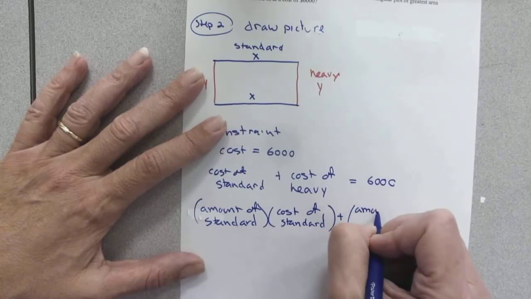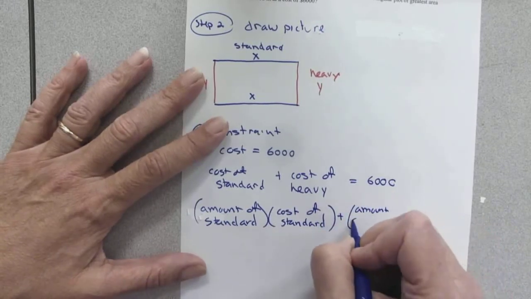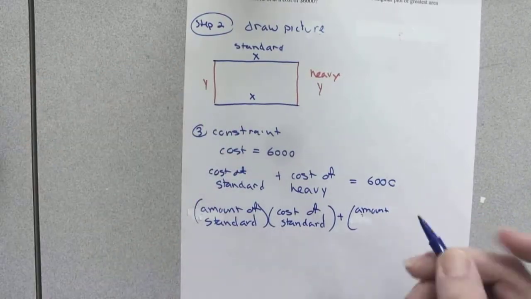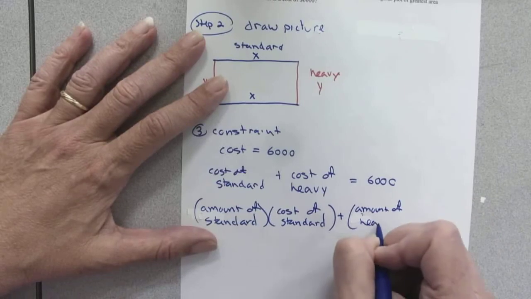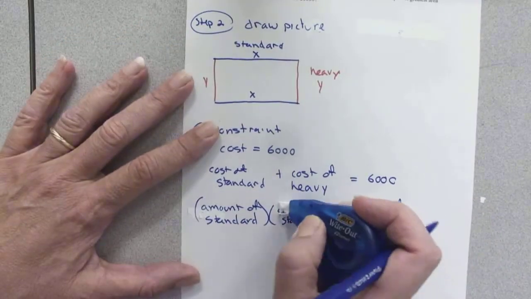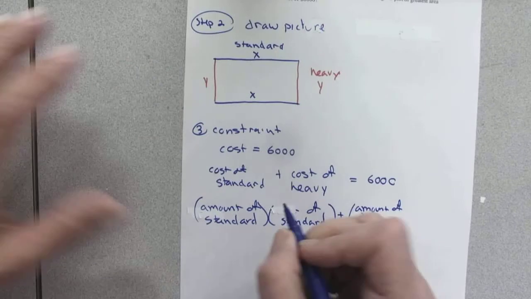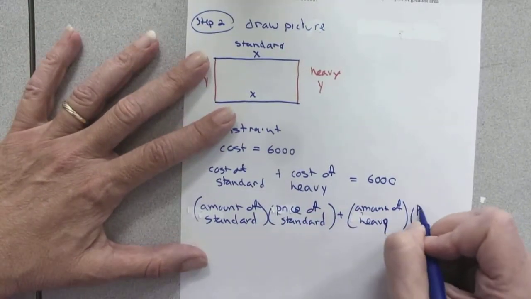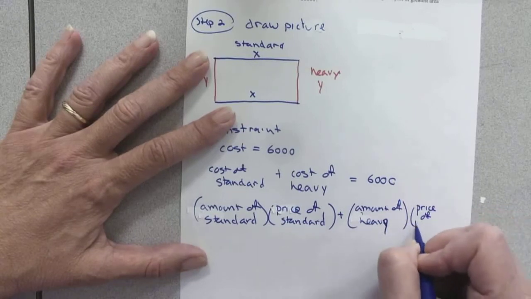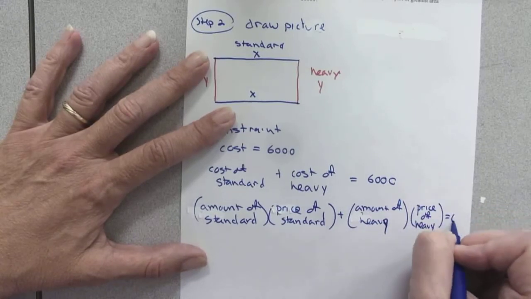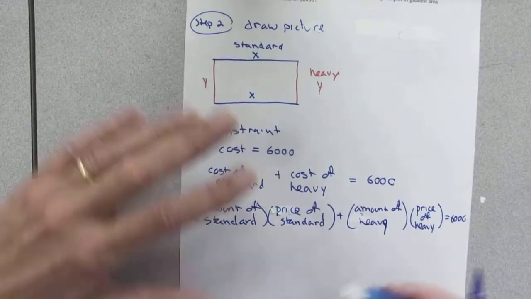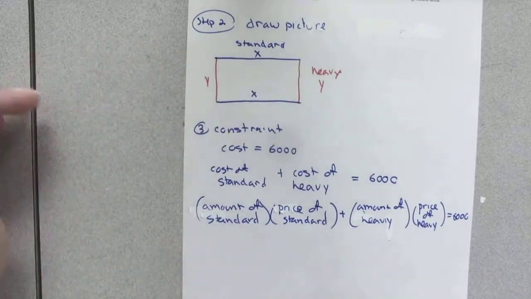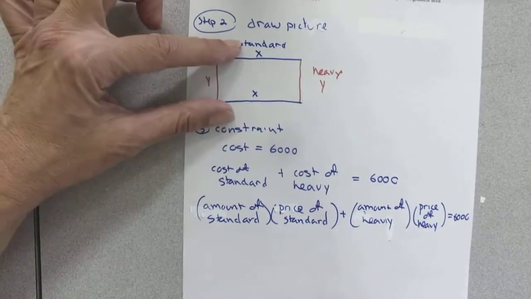And then the amount of heavy, but we're going to put price here. Price of standard. I like that word better. Times price of heavy. And that has to be 6,000. And now we're going to put some x's and y's here. So I go and look at the picture.